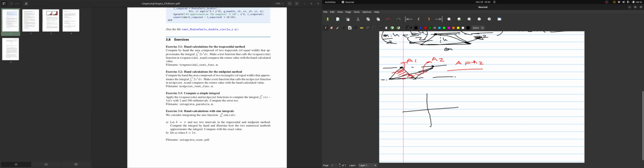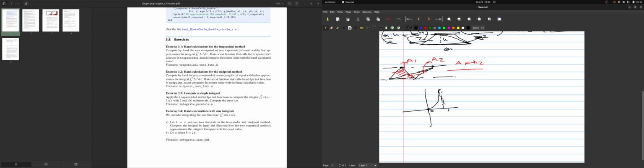So we started with the function x squared. Such a pain to write. We have something like this, and we want to find the area between 0 and 1.